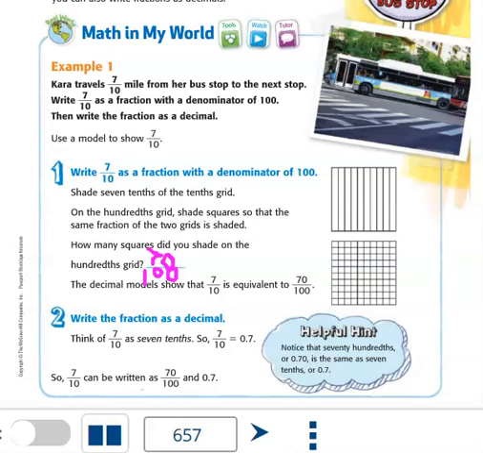Okay, and in order to show that as a decimal, it would be written 0.7. The other alternative is 0.70. That would be 70 hundredths, but this zero is irrelevant, so we don't have to write that. So that's how we would convert this 7/10 to hundredths and into the decimal form.